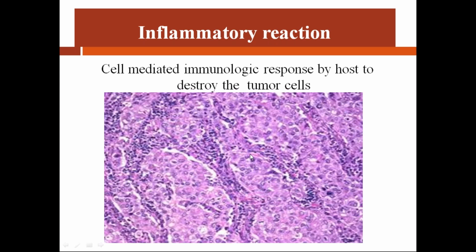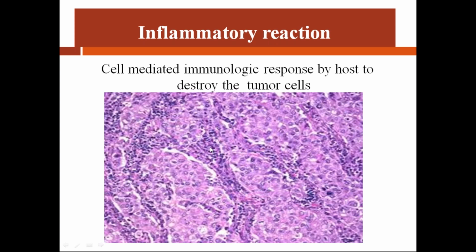So how the stroma reacts to these tumor islands: there will be formation of a lot of lymphoid cells, or these lymphoid cells are recruited from the circulation. So infiltration or formation of a lot of lymphoid cells.